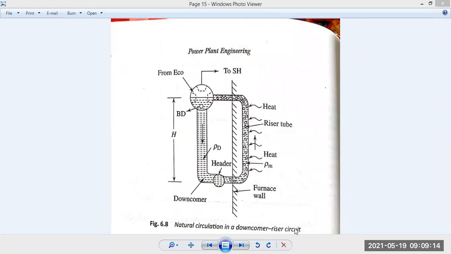From the header, which is here, you see water flows up along the riser, which partially boils with friction, and bubbles then break into the steam drum. Here, in a portion of the riser tube, the fluid is a mixture of water and vapor.